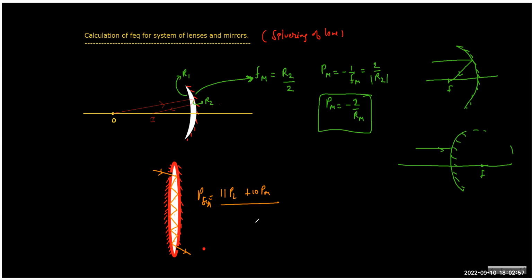In the above case, it's one power of mirror and two power of lens. So for the above system, the P equivalent is 2 of lens and 1 of mirror. Understood? Yes.